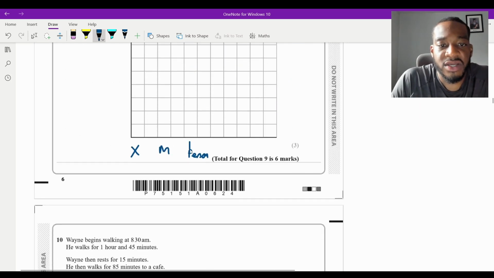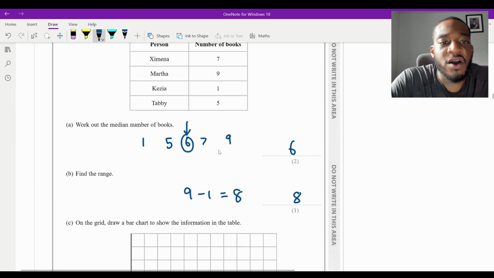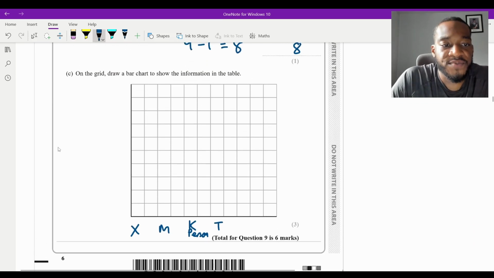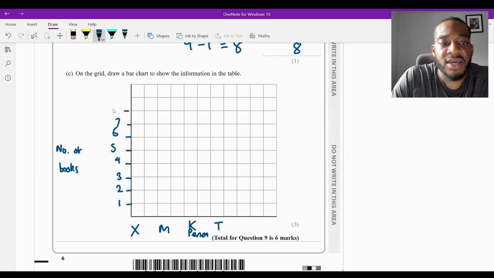Then I'm going to label the vertical axis: number of books. And then we can just do it in ones, can't we? 1, 2, 3, 4, 5, 6, 7, 8, 9, and 10.